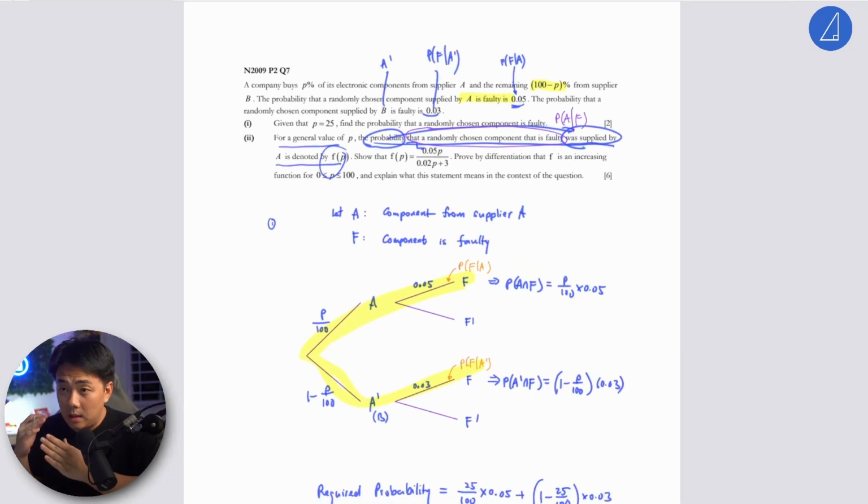Given that it was already faulty, what are the chances that it's supplied by A? This is f(P), and you want it in a general form.